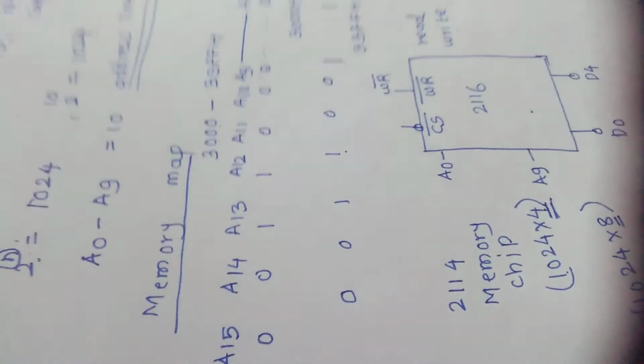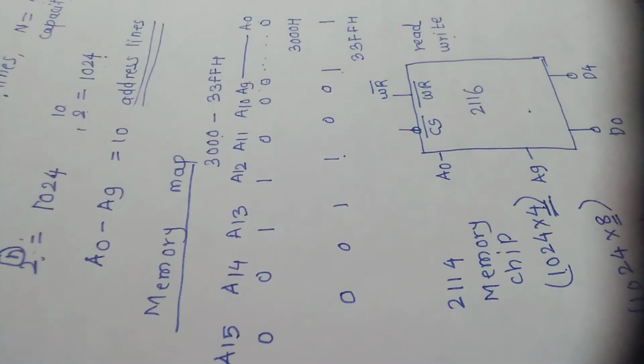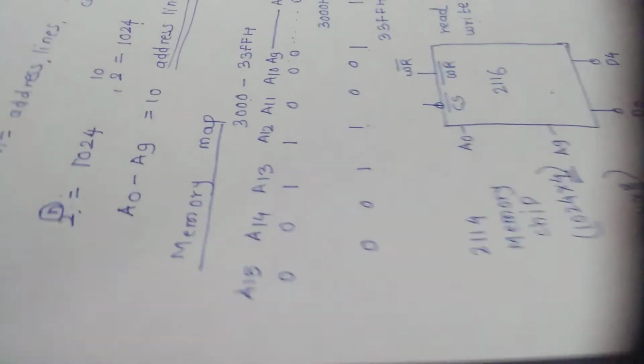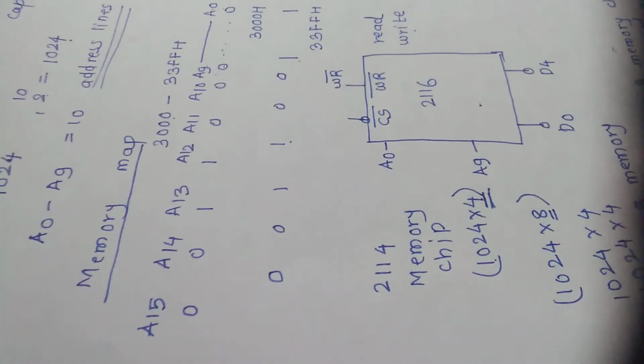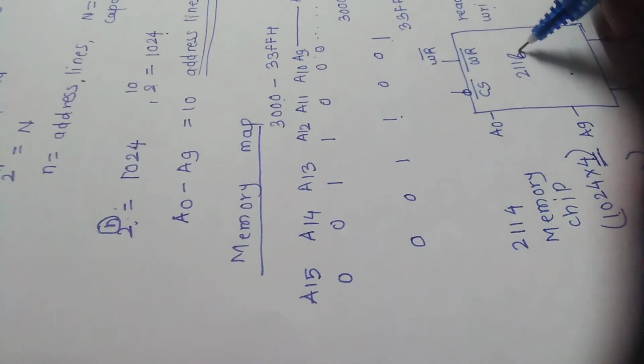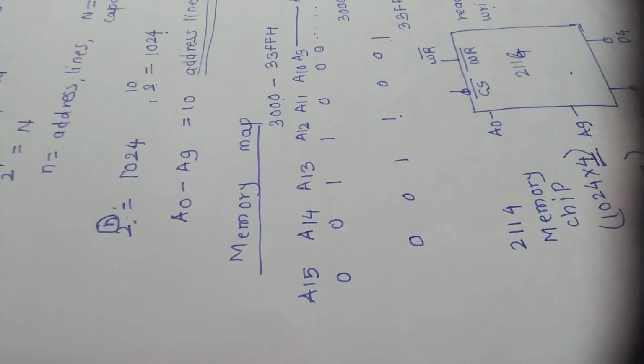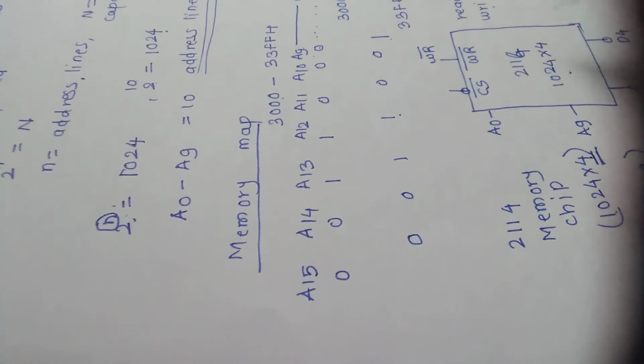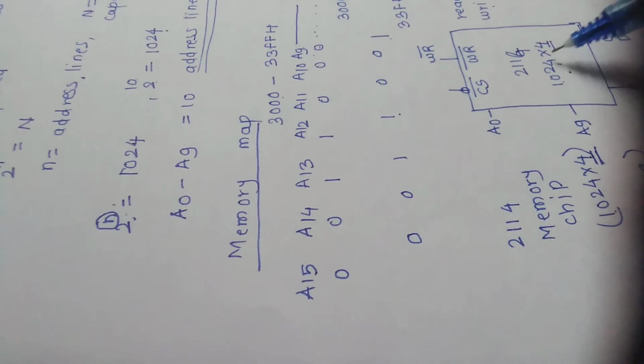That is the 2114 IC, a 2114 memory IC, which is 1024 by 4, meaning 1K memory locations, and in a location 4 bits can be stored.